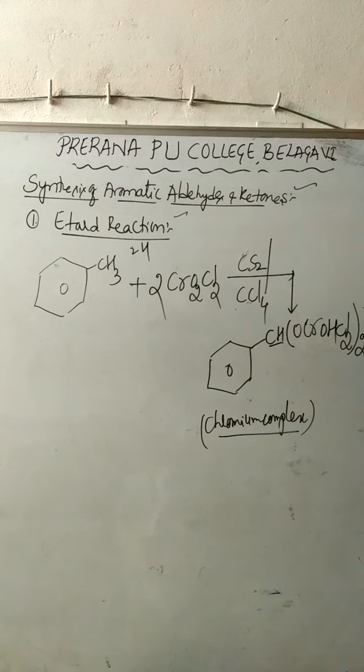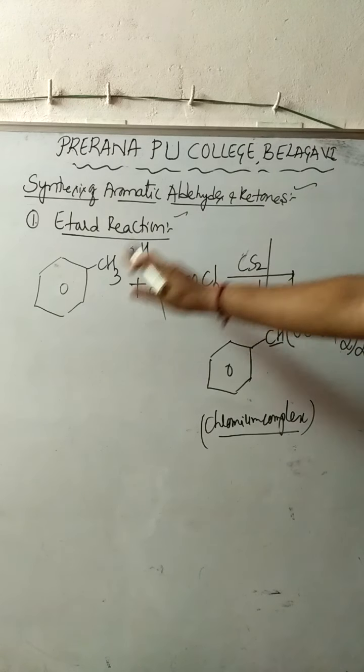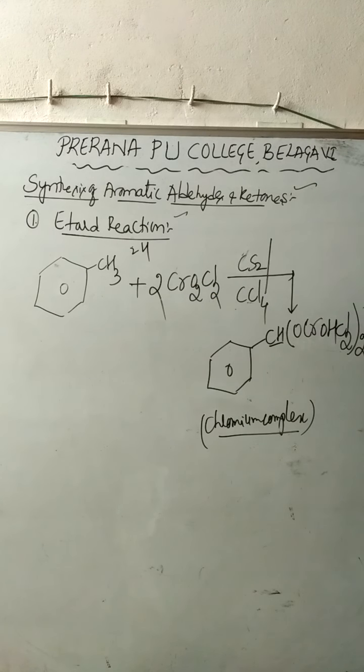When we rewrite this, you can understand it now. Chromium is twice, Cr2, oxygen is 4 times, 2 times of oxygen into twice, and totally 4 chlorine atoms, Cl2 twice means 4 chlorine atoms. Here 2 hydrogens have been left, I have written it as H2, so that the entire reactants have been balanced.